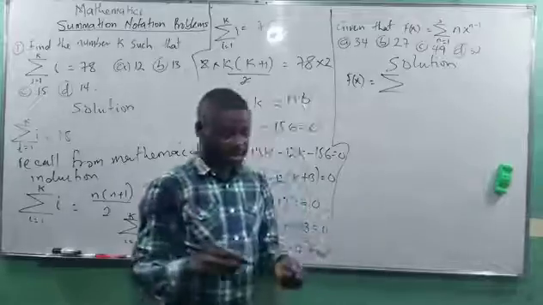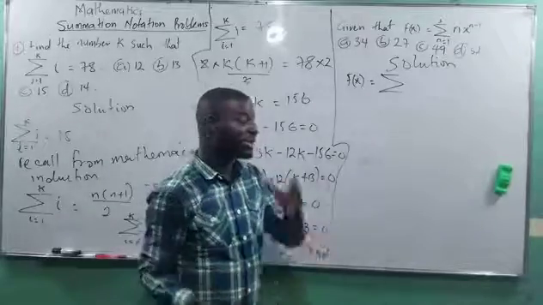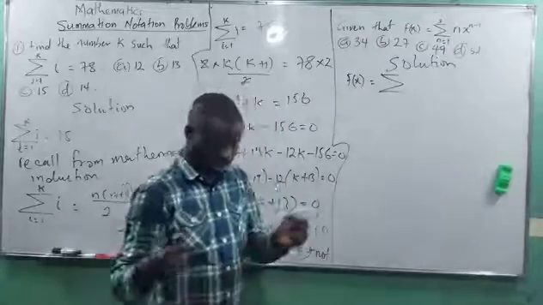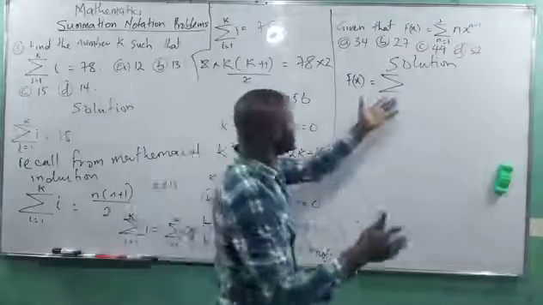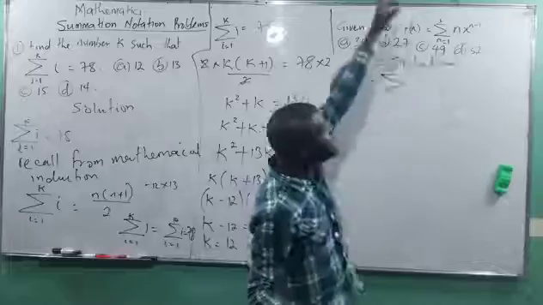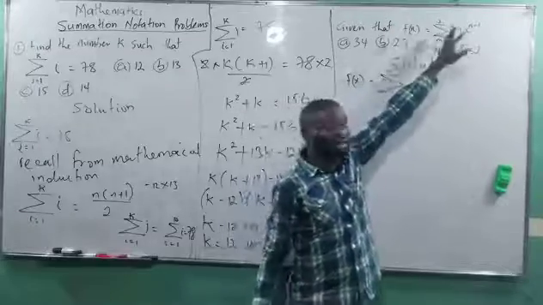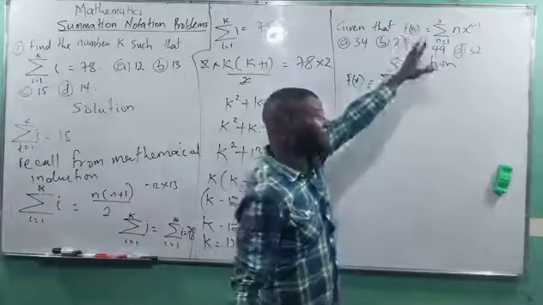It's very important. You will be talking about domain and codomain, or image and pre-image. This is a function on a sequence, on a summation notation.